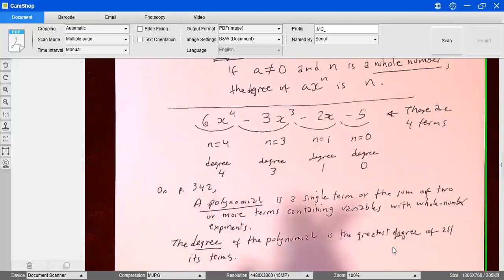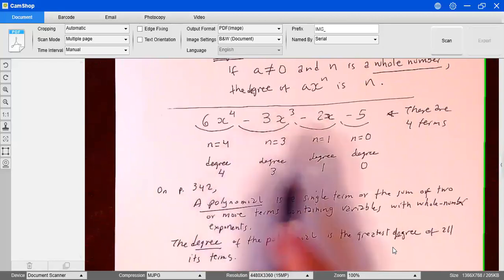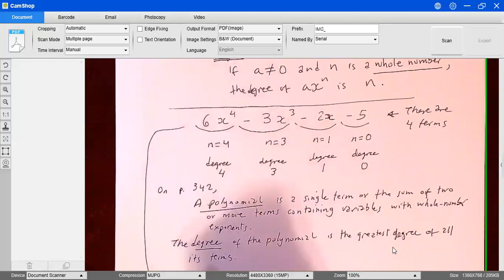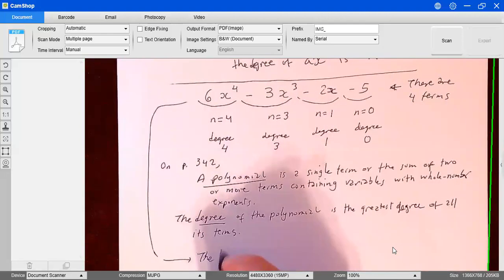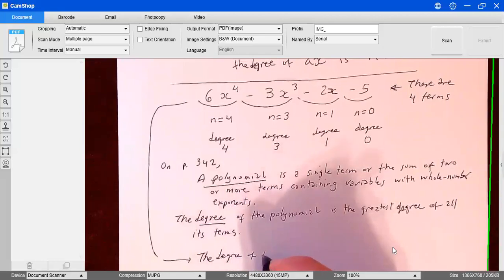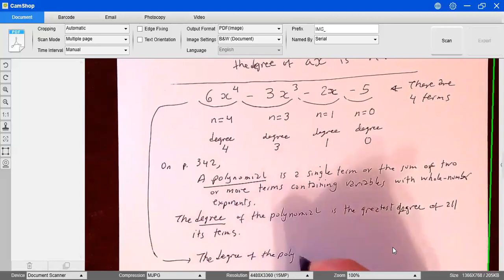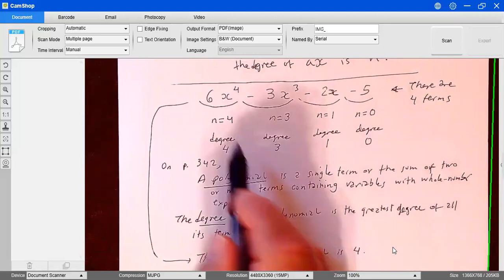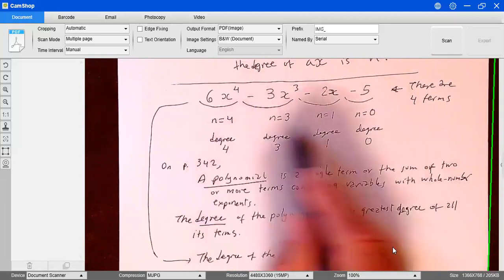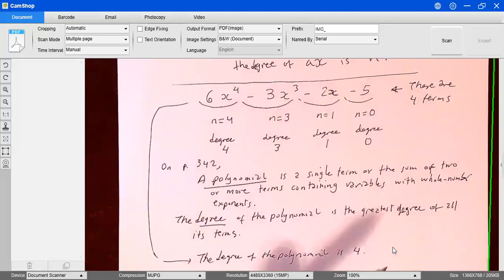So, for example, if we have the four terms here, the degree of the polynomial in this case is 4, because it's the greatest degree.